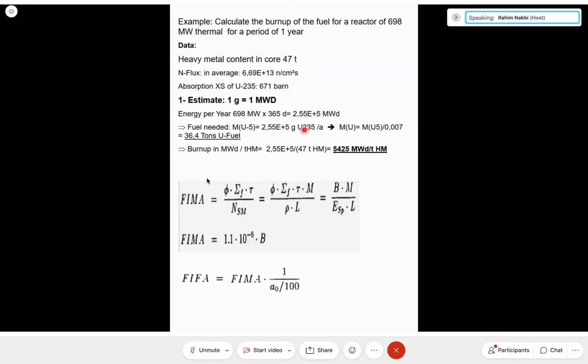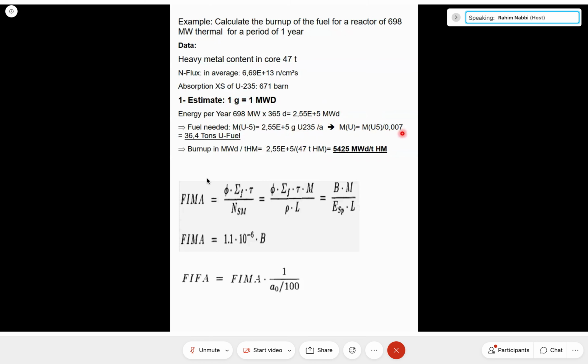So per year. And because it is natural uranium, not enriched uranium, for natural uranium, that means uranium ore, it is 0.7%. You remember I said that in the beginning?